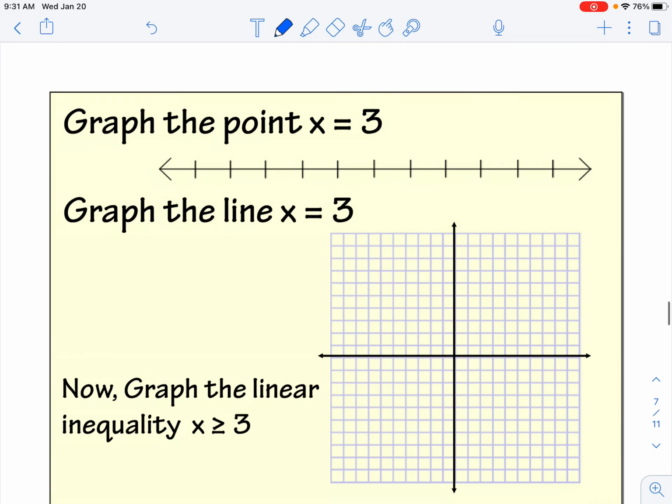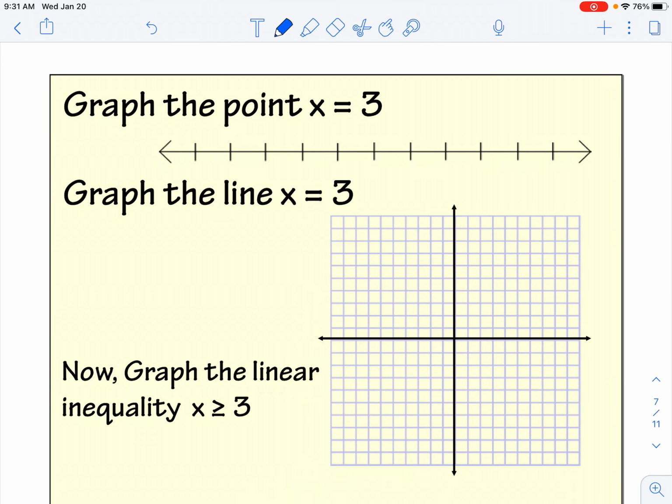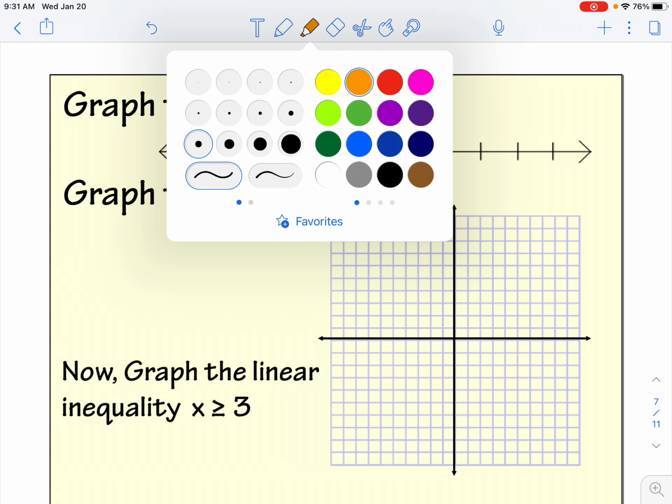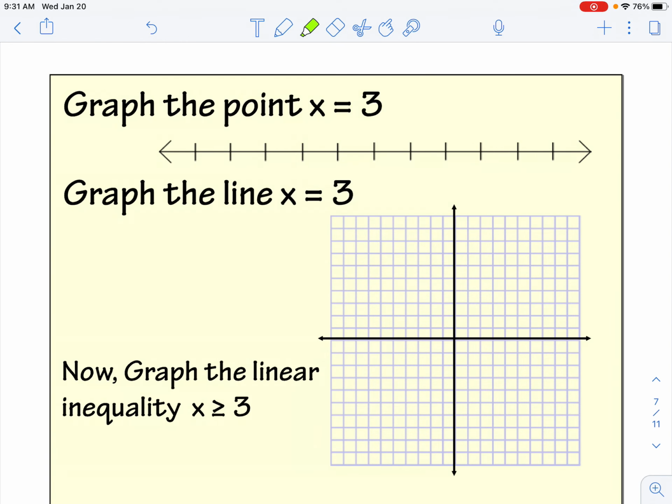All right, so let's talk about graphing a point versus graphing a line. Notice that these two equations look similar. The only way you know what to do is this says graph the point, and this says graph the line. So if I'm graphing the point, I'm literally on my number line putting a circle and graphing that point.